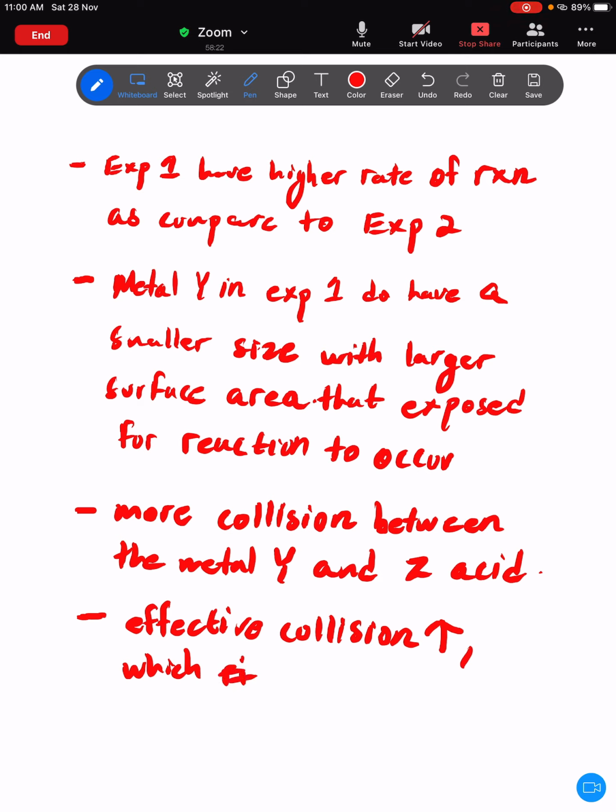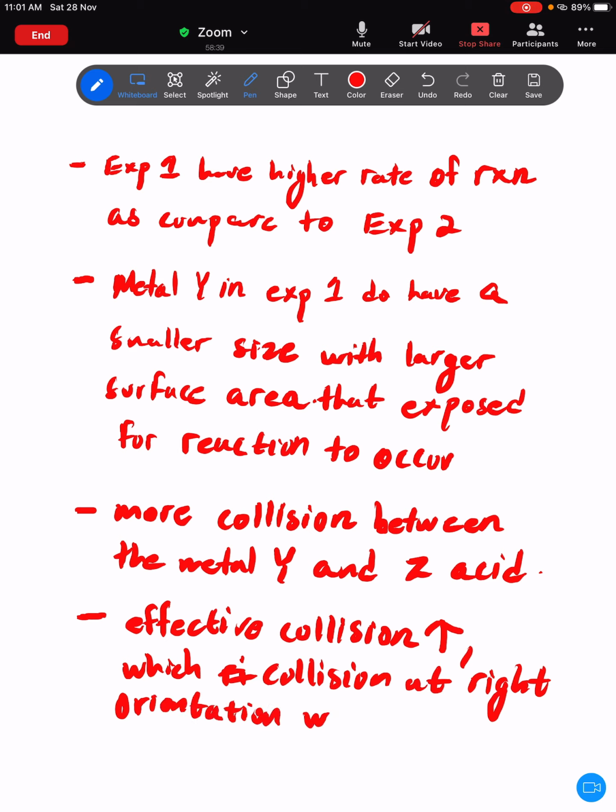A collision at the right orientation with minimum activation energy, Ea.